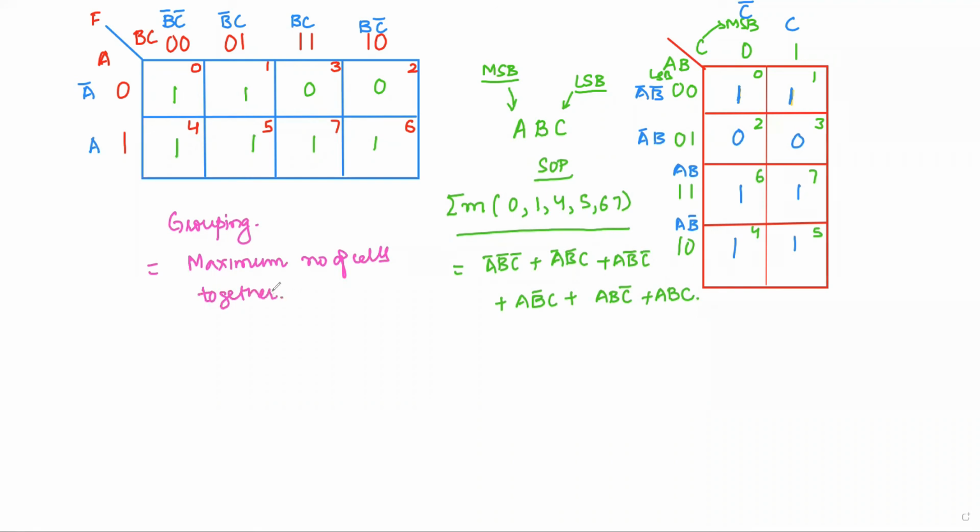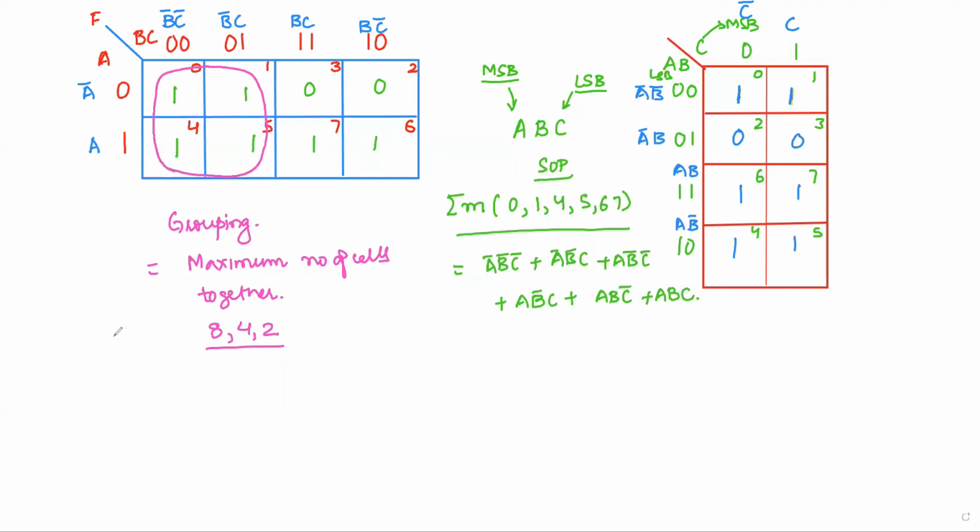And it's not like 5 or 6, no. It's like there are 8 cells, so either 8 or 4 or 2. So in this fashion, they are going to be grouped together. So here you can see we are not having 8. So we will be grouping them in the group of 4.